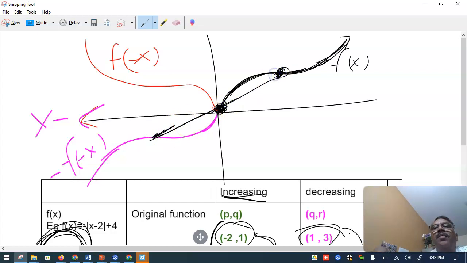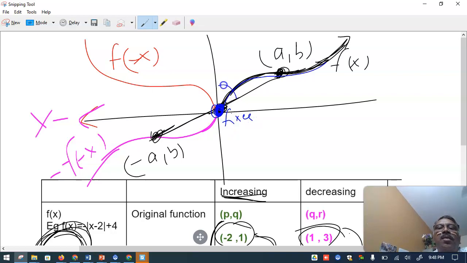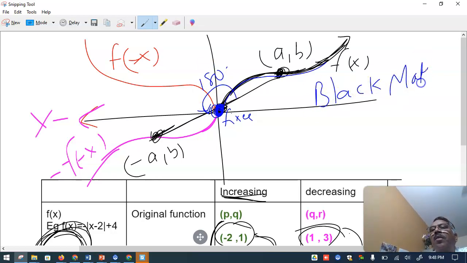So if you have A and B here, this becomes minus A and minus B. It means the whole graph, the black one, gets rotated about the fixed point, which is the origin here, 180 degrees clockwise or anti-clockwise, and you will see exactly the black will match the pink when you rotate.